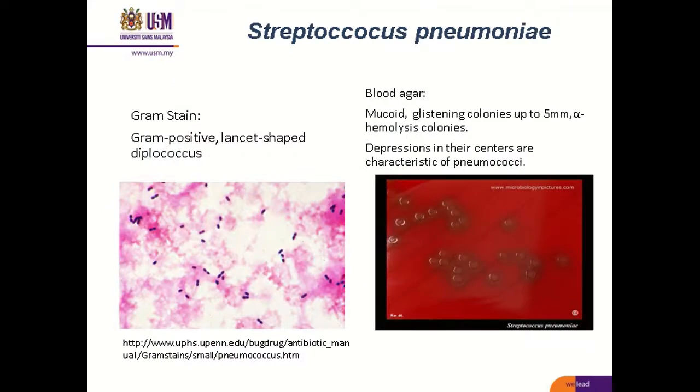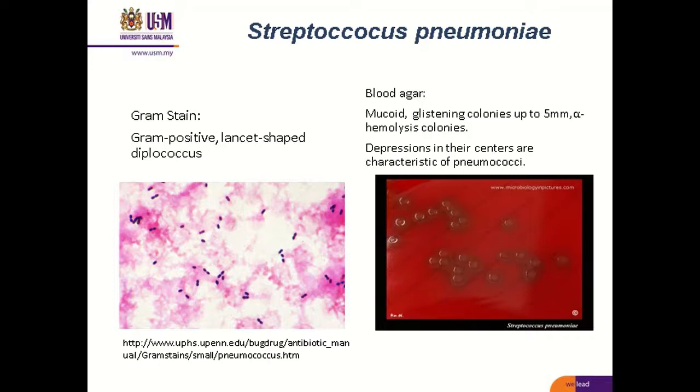Streptococcus pneumoniae, on Gram staining, we can see gram-positive lancet-shaped diplococci. On blood agar, we can see mucoid, glistening colonies up to 5 millimeters with alpha hemolysis.